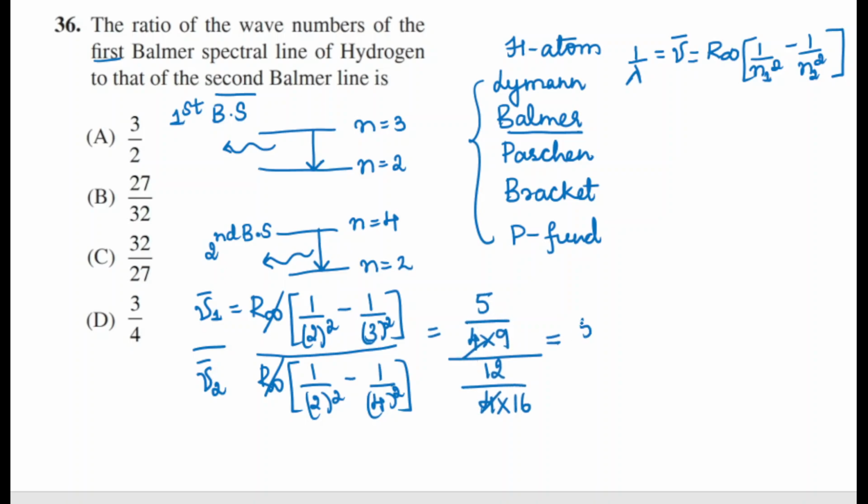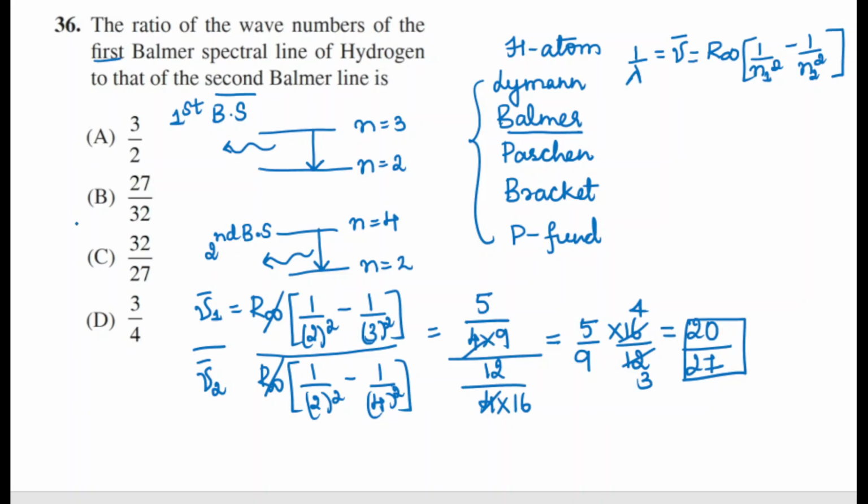Now I'm going to rearrange the terms. It will be 5 divided by 9 into 16 divided by 12. We can cancel it: 4 threes are 12 and 4 fours are 16. Now after simplifying, I get 5 fours are 20 divided by 9 threes are 27. So 20 divided by 27 is the right answer.